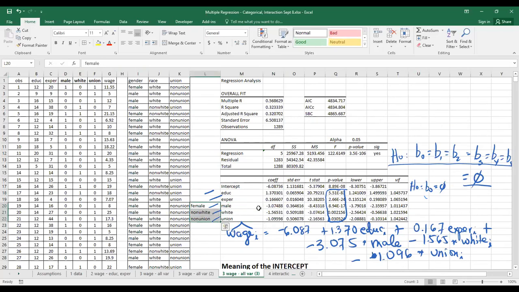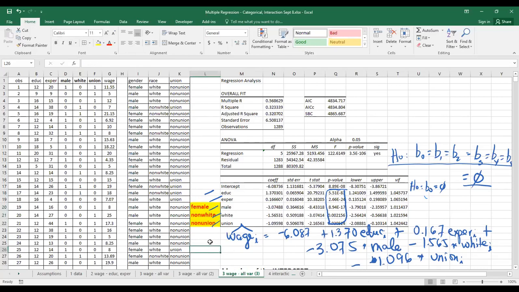Why? Kasi when we interpret now the dummy variables, ano ibig sabihin nito na negative 3.07? Had we written it as female, non-white, non-union, it would have been easier to interpret this. Ang interpretation nito ngayon, guys, females on the average receive $3.075 less than their male counterparts, ceteris paribus.